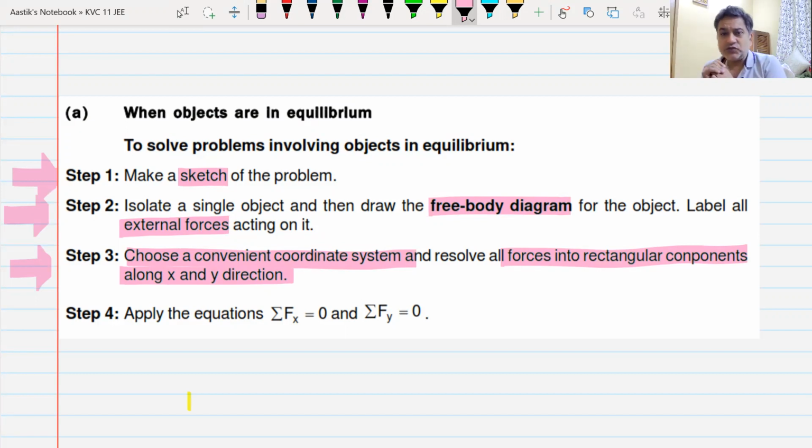How are you going to choose your X and Y directions? We will see it by examples, don't worry. So you have to choose a convenient coordinate system of X and Y, and resolve your forces along X and Y.